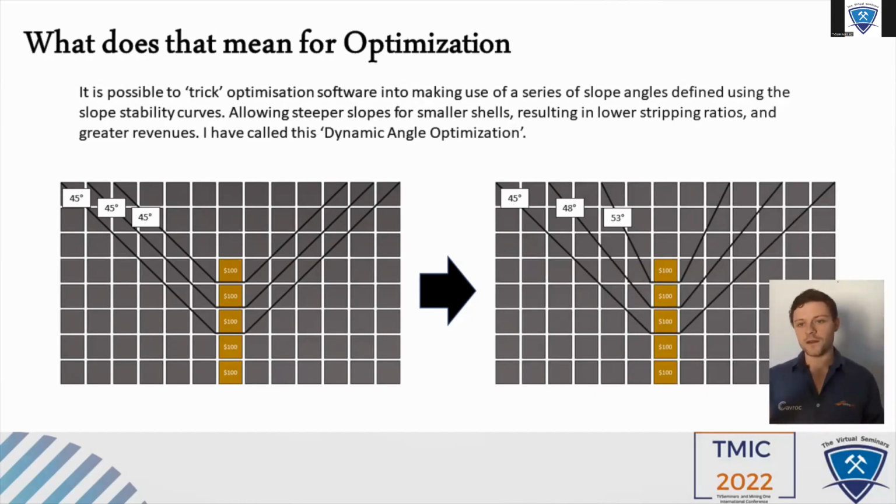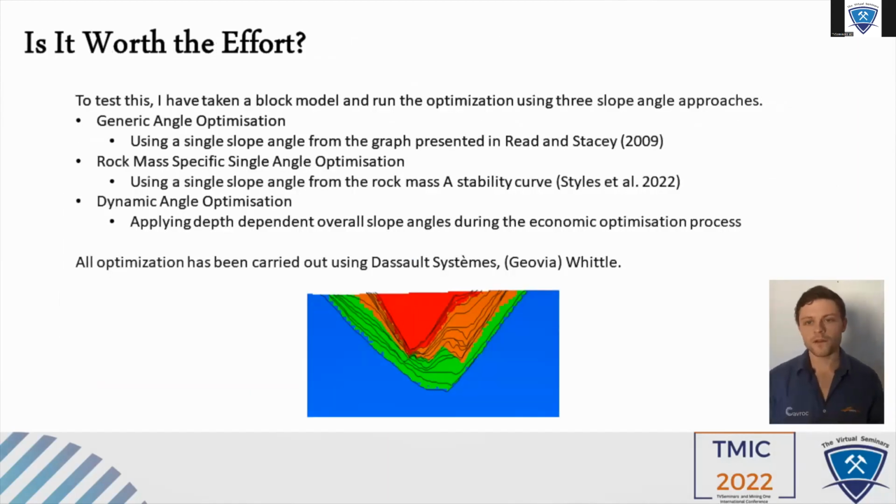You can see in this example what that would mean for the stripping ratio in those early pit shells, but note the final pit shell is still the same. So is it worth the effort to do all this? To test it, I took a block model from the actual project and some generic optimization parameters. Then I used three approaches for the optimization.